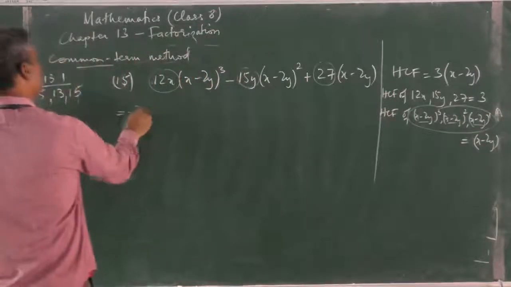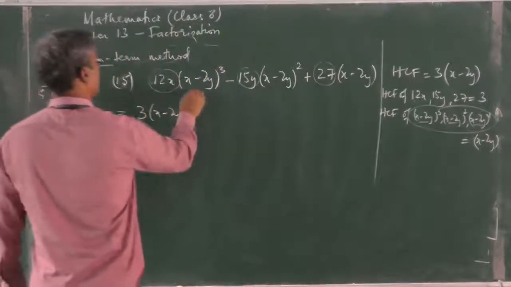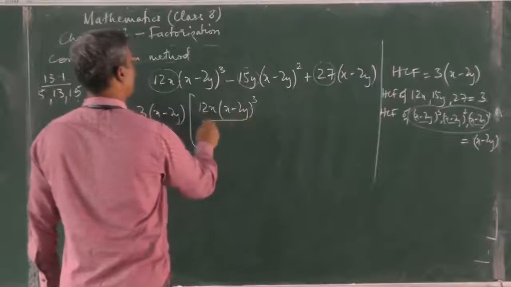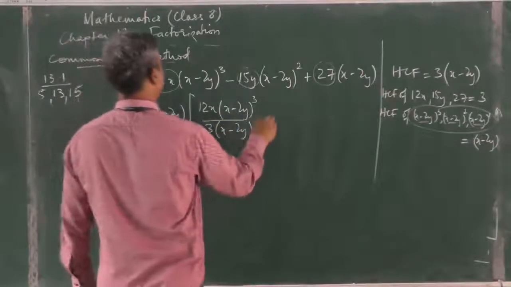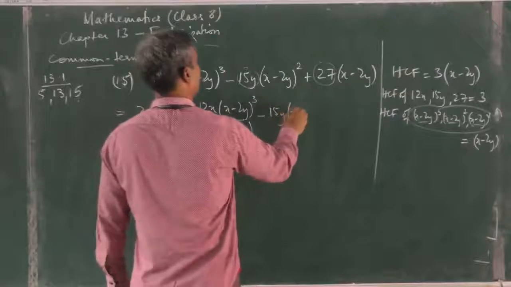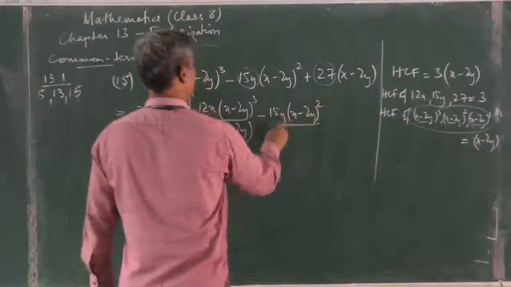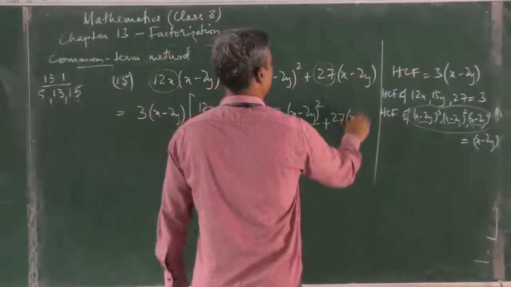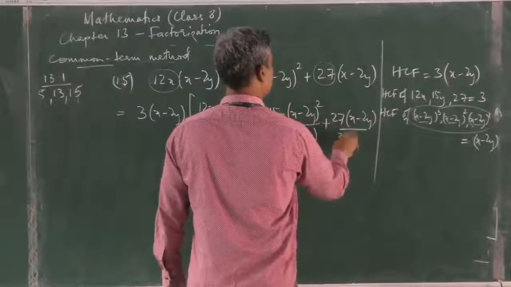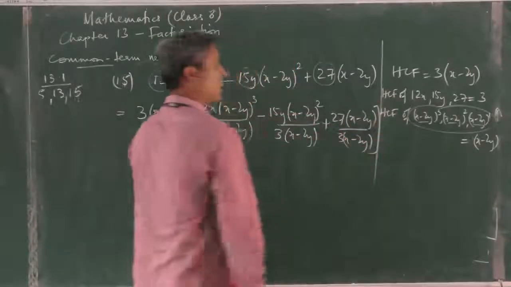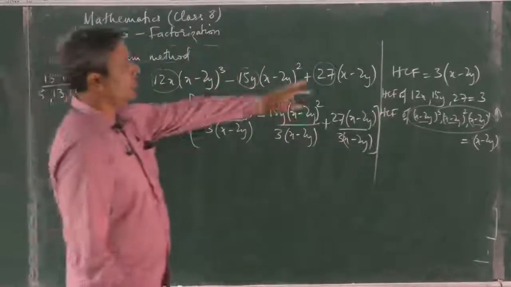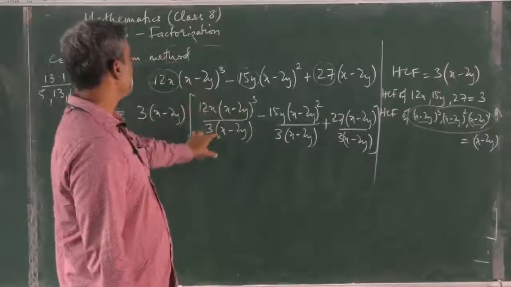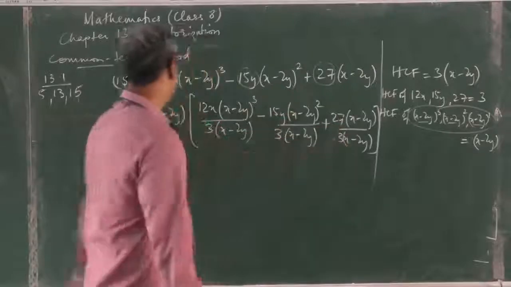So taking that common, 3 into (x minus 2y), each term: 12x(x minus 2y) whole cube by 3(x minus 2y), minus 15y(x minus 2y) whole square by 3(x minus 2y), plus 27(x minus 2y) by 3(x minus 2y). What did I do? I took 3(x minus 2y), the HCF, common, and then I divided each term by what I took common. And let's work it out.